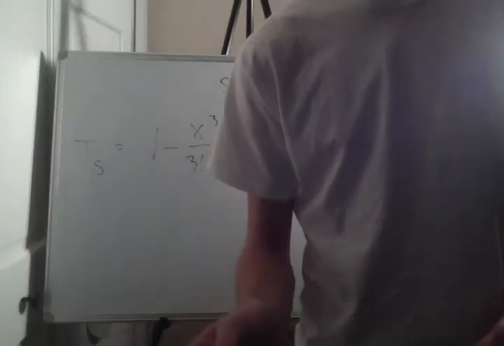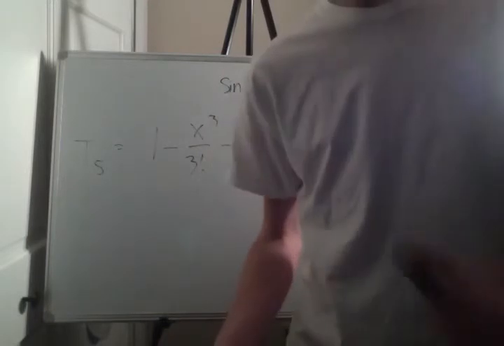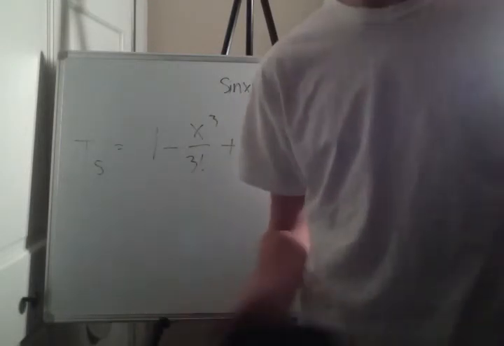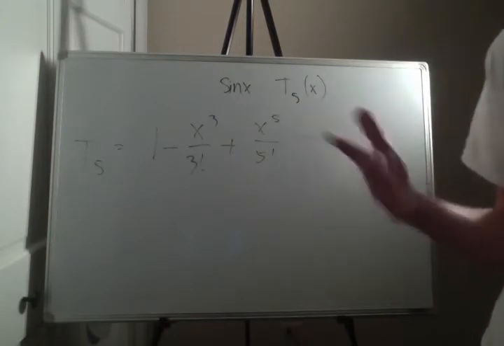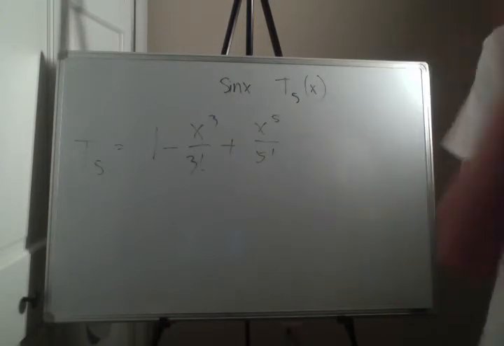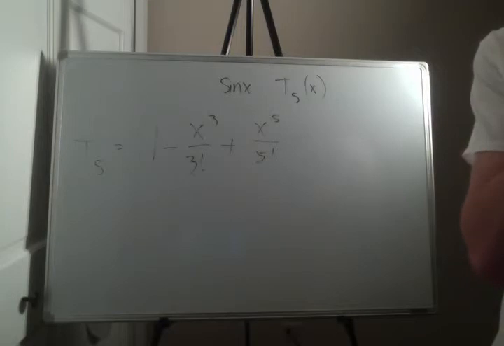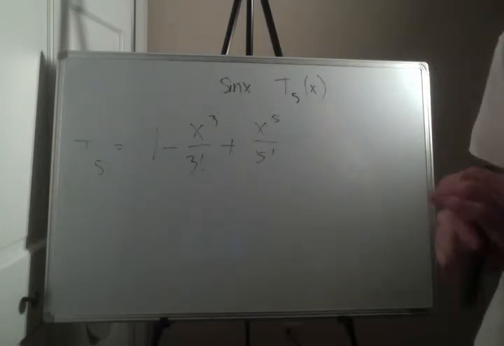Now, why on earth would you want this? Well, you can use this to approximate different values. So, for example, if you want to approximate what is sine of 2?